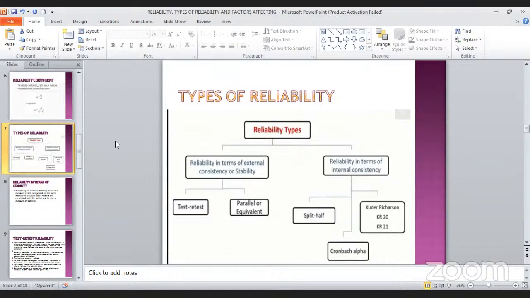In case of external consistency, there are test-retest reliability and parallel or equivalent forms. And in case of internal consistency, there are split-half, Kuder-Richardson and Cronbach's alpha, and you know about this Cronbach's alpha. Now we will learn about the reliability in terms of external consistency or stability.